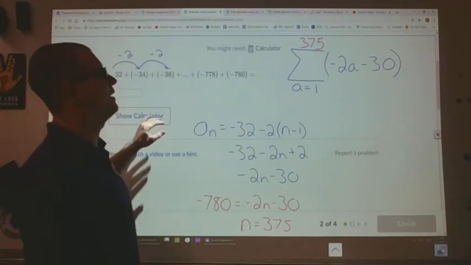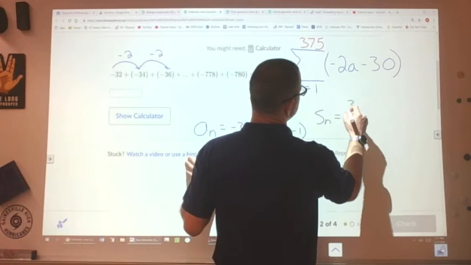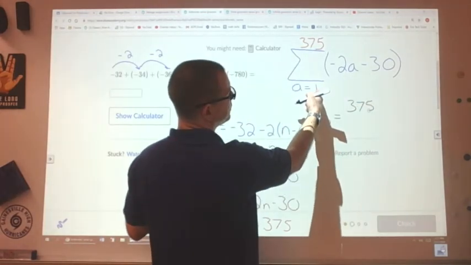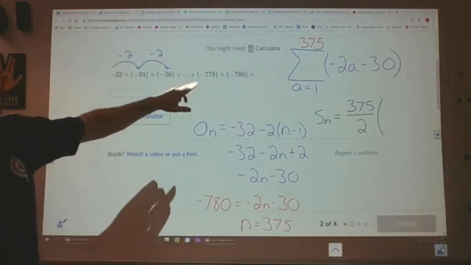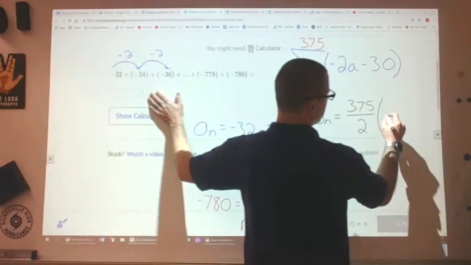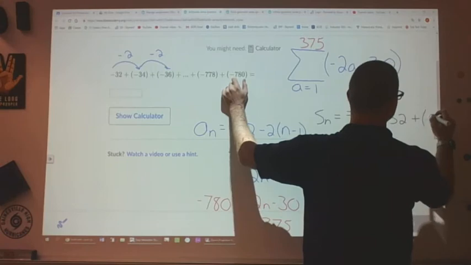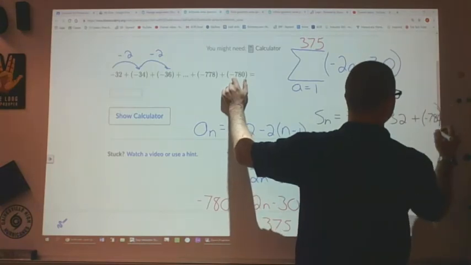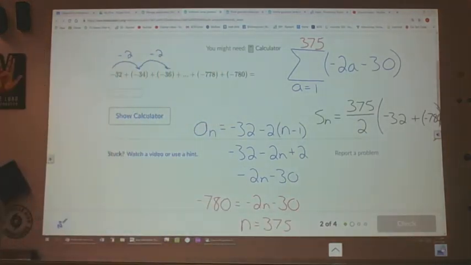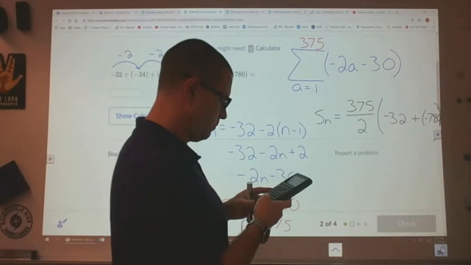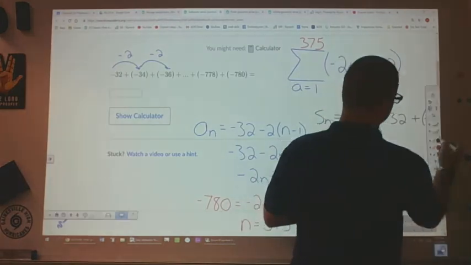And now I can finally find the sum. S sub n is 375 minus 1 plus 1 over 2. And we actually already knew the first and last term. We know the first term is negative 32. And the last term is negative 780. Run out of room. All right. So then we start evaluating that. Negative 32 plus negative 780 is negative 812.